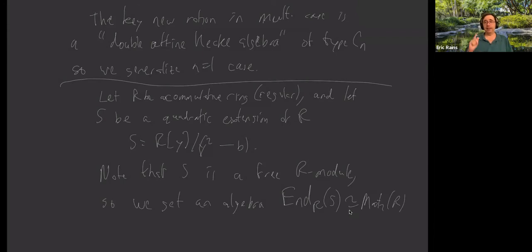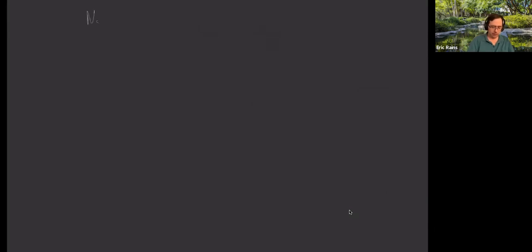But this algebra has an interpretation in terms of operators. Now, they're not quite difference operators in the usual sense, but they are operators of a kind. So note that End_R of S is free as a left S module with basis.